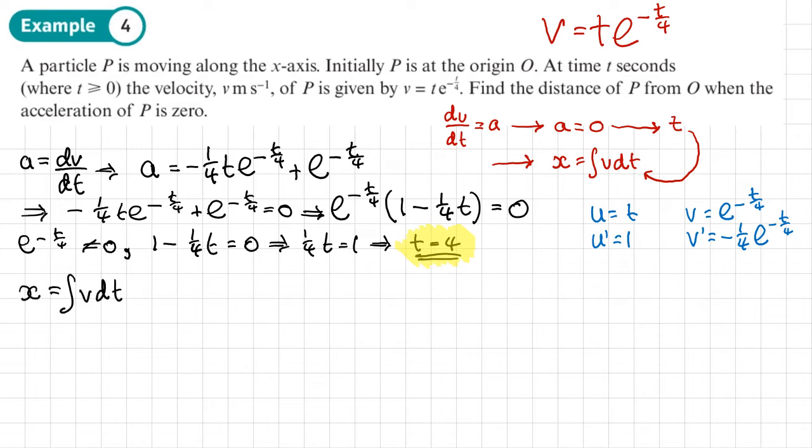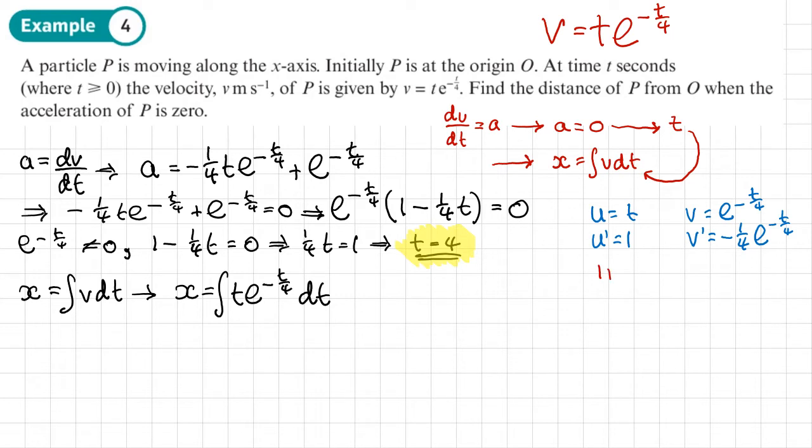So we'll work out now the displacement, and the displacement is what we get when we integrate the velocity. So that's going to be integrating t times e^(-t/4) dt. And this one, where we've got a product like this, and one part is a polynomial, normally like x or t or x squared, t squared, we're going to use integration by parts.